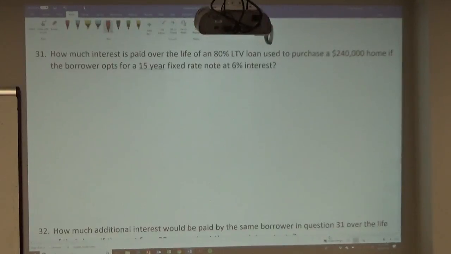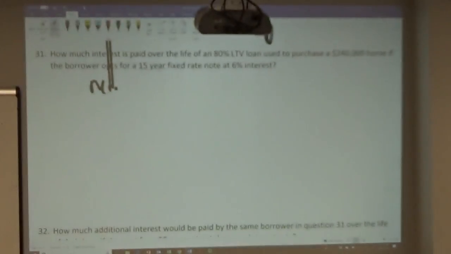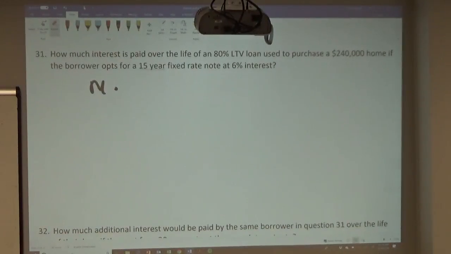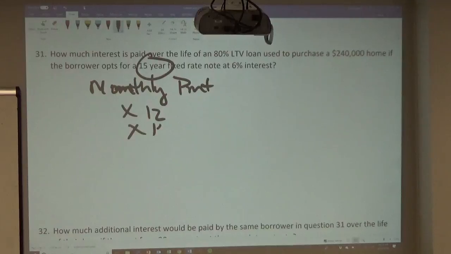It's the same thing we just did. We need to know the monthly payment, because we need the monthly payment times 12, and in this case it's a 15-year note, so times 15. That's the only way we can get to interest paid over the life of the loan.